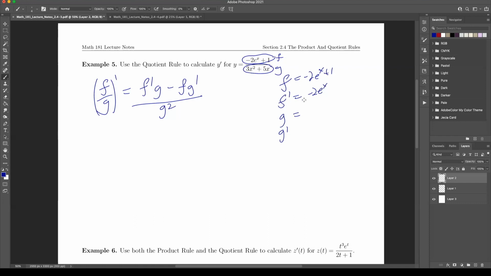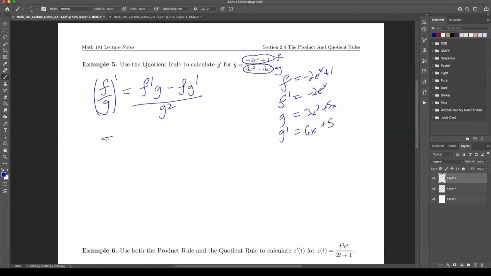Here, g is equal to 3x squared plus 5x. And then our derivative, so 2 times 3 would be 6x. This becomes that, and then plus 5.